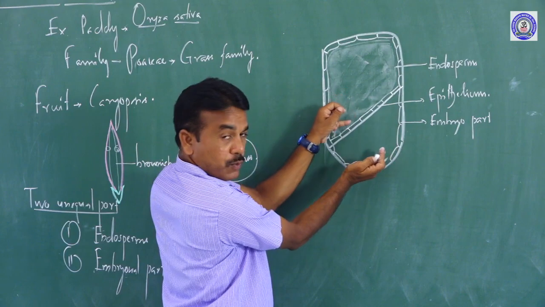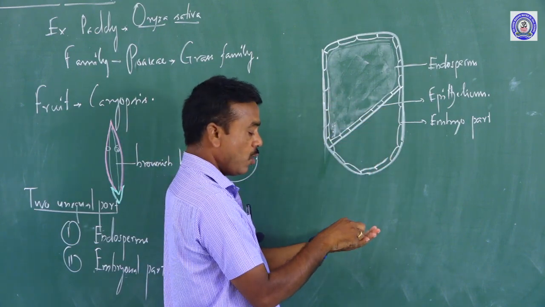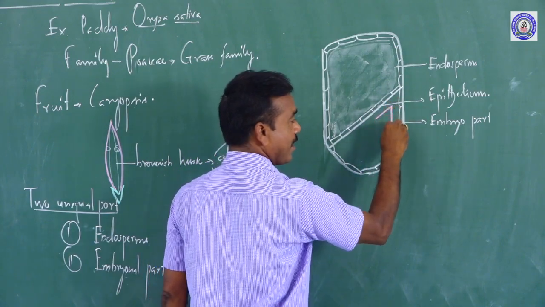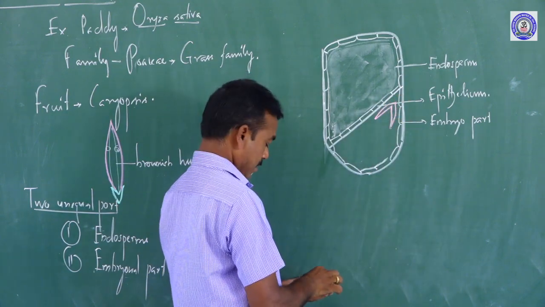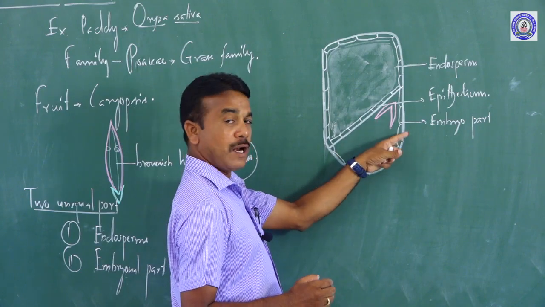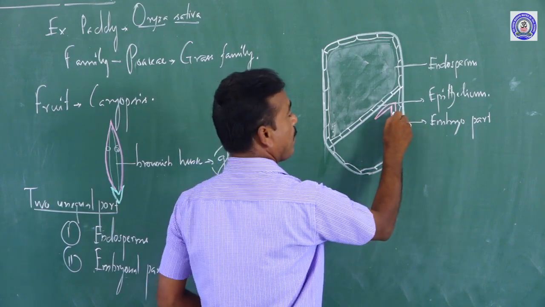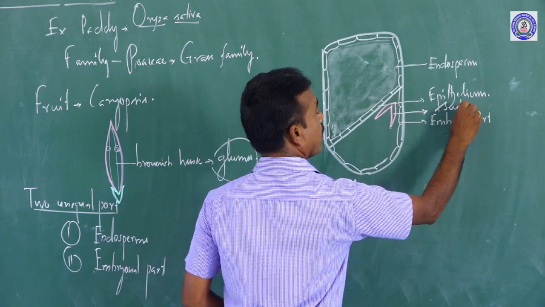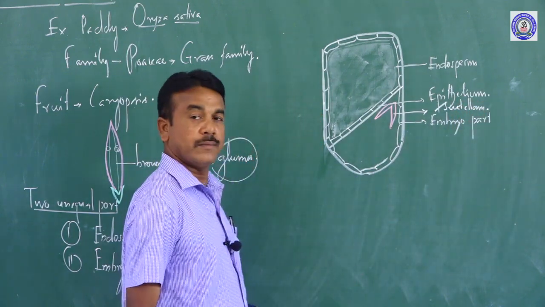In this structural view, there is a small shield-shaped structure. That shield-shaped structure occurs in the embryonal part on the lateral side. That part is commonly called the scutellum.